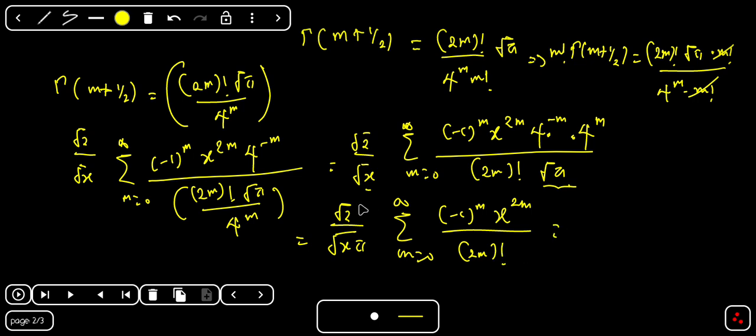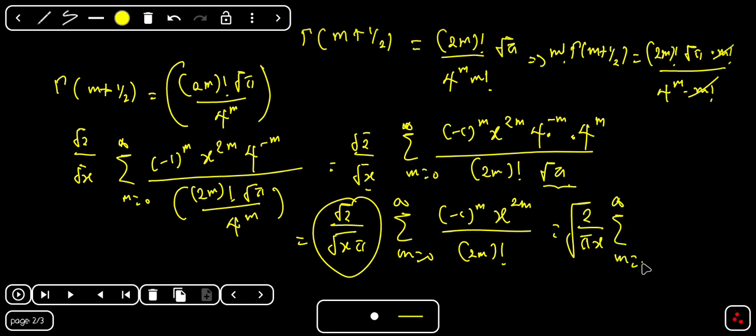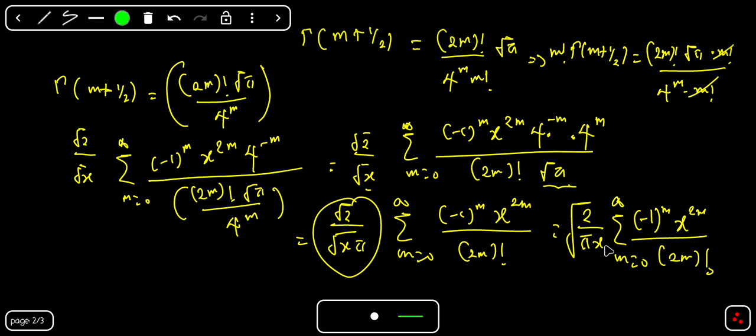All right, so we can write this as square root of 2, then everything over pi x, then multiply by the sum of m from 0 to infinity of minus 1 raised to the power of m, x raised to the power of 2m, then everything over 2m factorial. So we are almost done, guys. What do you notice here? This is just the general formula for the cos x.